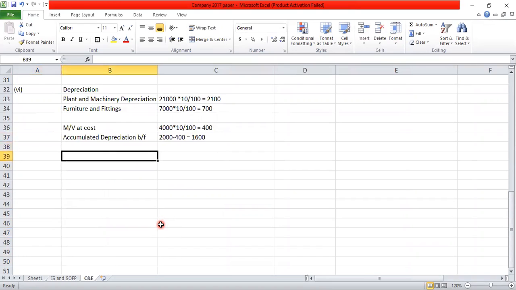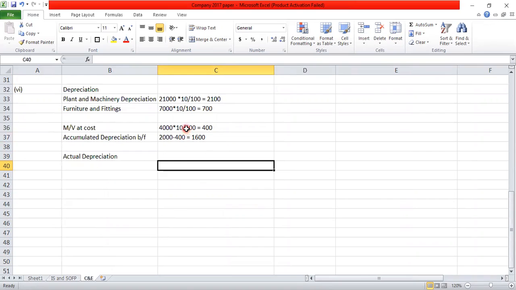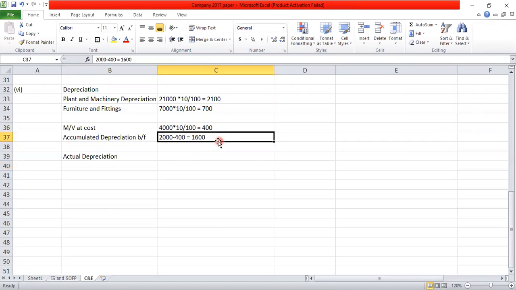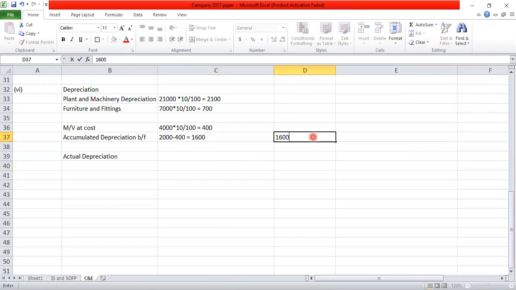Now the actual depreciation is different, and I want to find it out. You all know that the lifetime of the vehicle has changed. It was earlier 10%, where 10% means how many years you can use? 10 years. But now it has gone to 8 years. If you take this accumulated depreciation of 1,600, and it is 400 for a year, if I divide it, they have used this vehicle almost for 4 years, right?